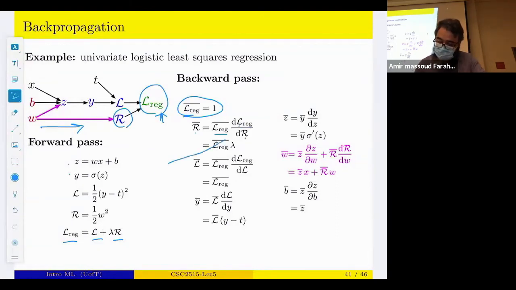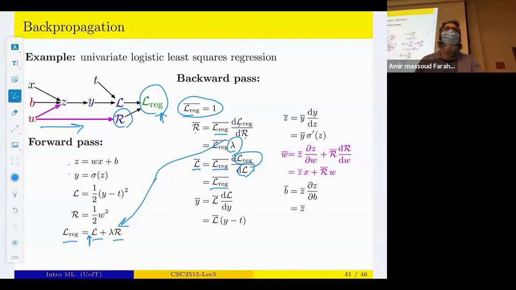So for this, we'll look at this term. And we see that we get the derivative, we get a lambda. And then L bar would be L regularized bar times d L reg with respect to L. And you see that in computing this, there's a constant 1 here.